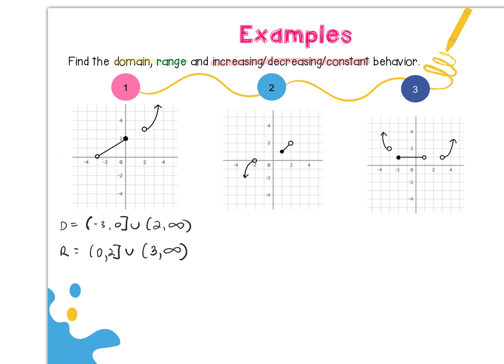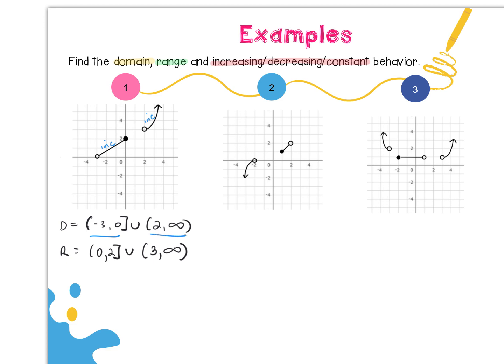And again, remember that as you move from left to right, if your graph is going up, that is an increasing piece of the graph. Then I notice that I keep going over here to the right, and as I move to the right, my graph is going higher and higher. So again, this is also increasing. So the values I'm going to use are the ones from the domain.